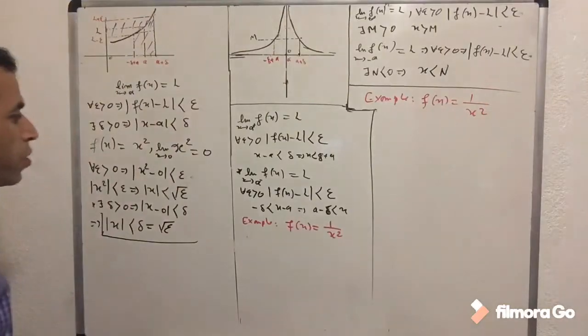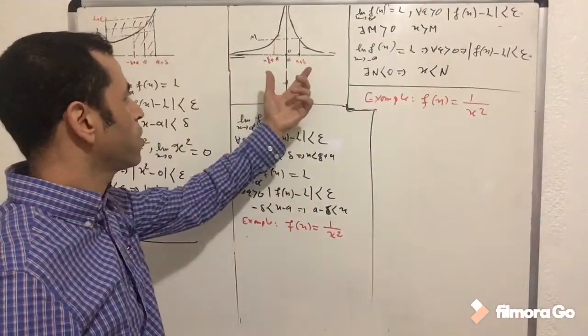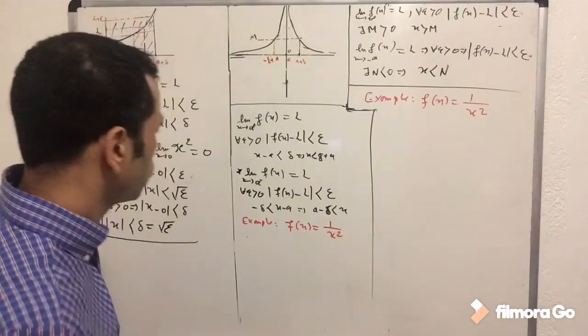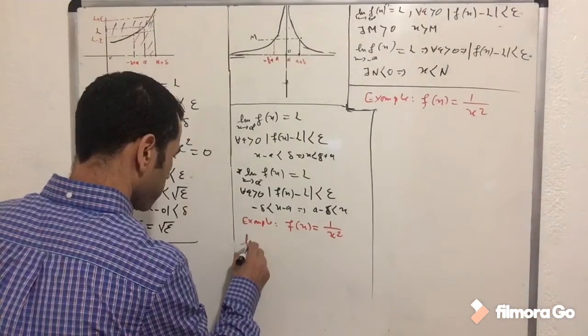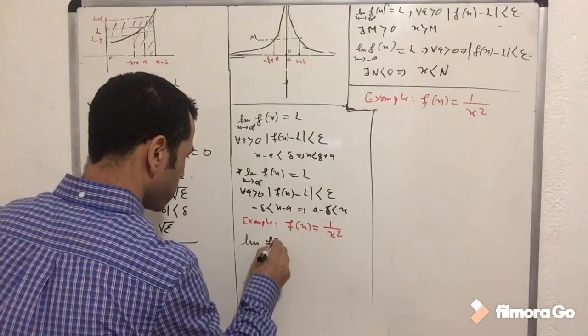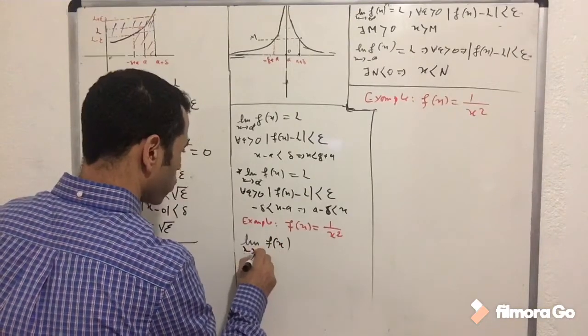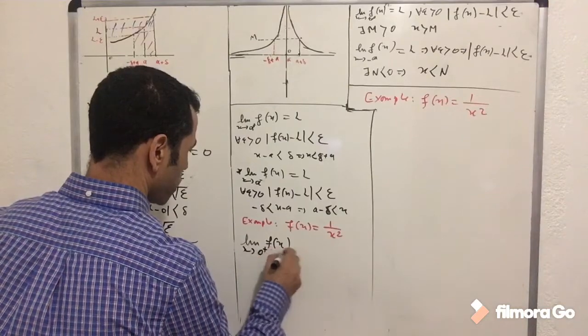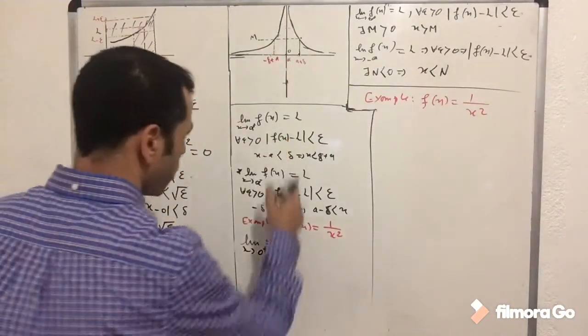Let's take this example. This example is the same, this function f of x equals 1 over x squared. So let's take the limit of f of x when x approaches a, or 0, from the right-hand side, as the example above shows.